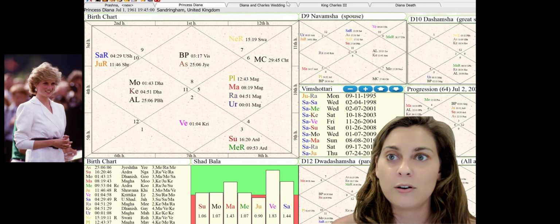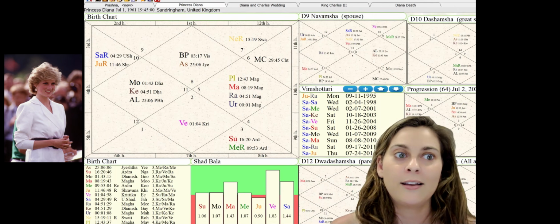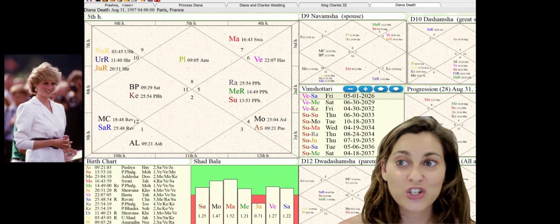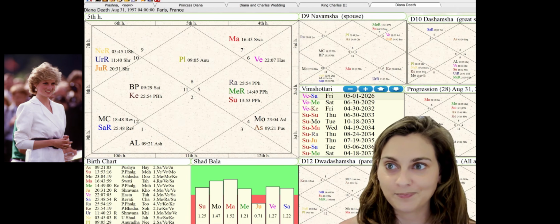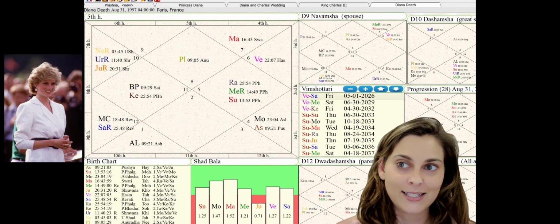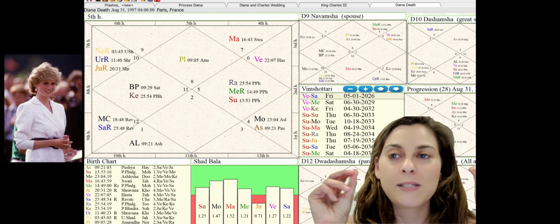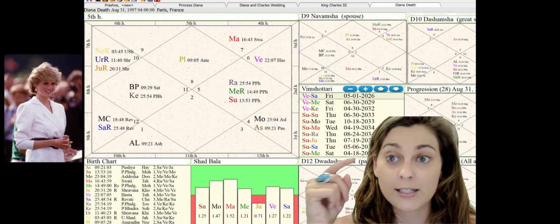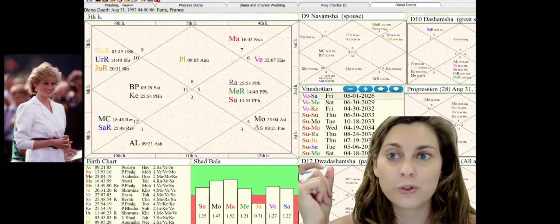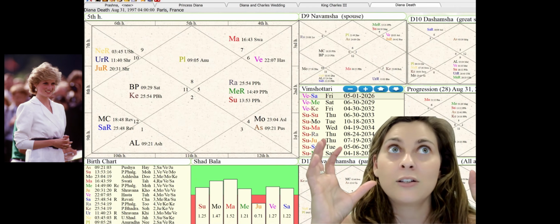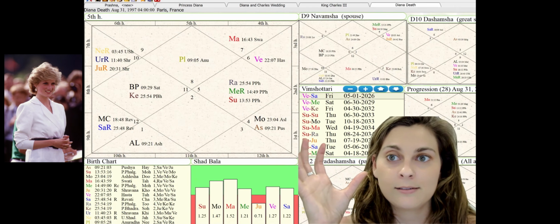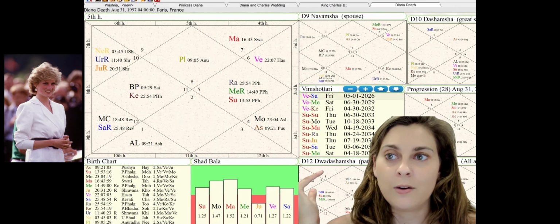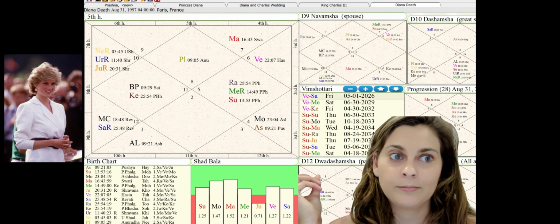Neptune was also involved. Neptune can represent in transits alcohol, illusions, drugs, mysticism. I keep seeing Neptune in deaths, in transits, where we still don't know the truth, or there was something so sus about it. We still don't really know what happened to Princess Diana.